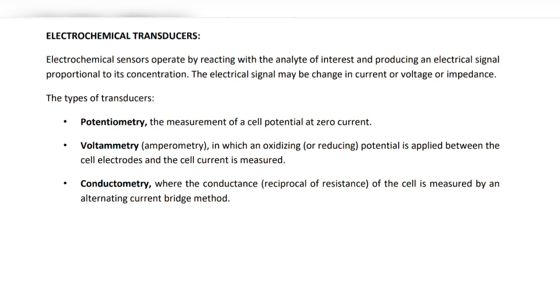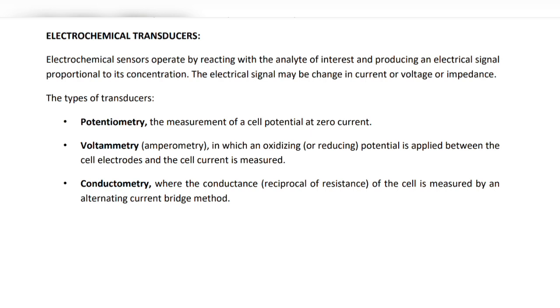Okay, so electrochemical transducers means by the interaction with the analyte, it produces an electrical change, and on the basis of what type of electrical change, whether current, voltage or impedance, electrochemical sensors are classified into potentiometric sensors, voltammetric or amperometric sensors, and conductometric sensors.